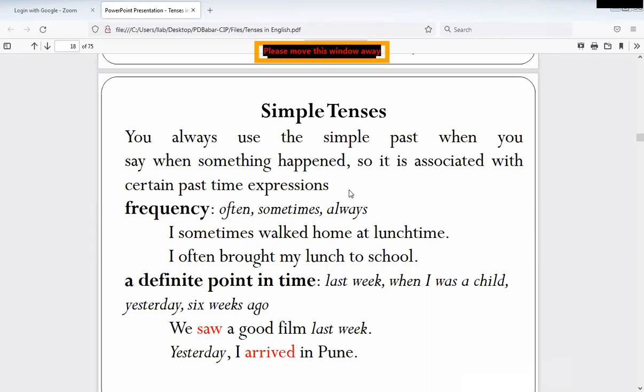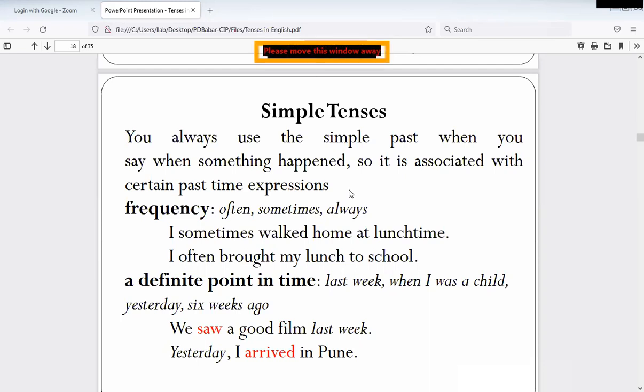So these are the indicators, that is last week or yesterday, a week ago, 6 months ago. These are some definite points.